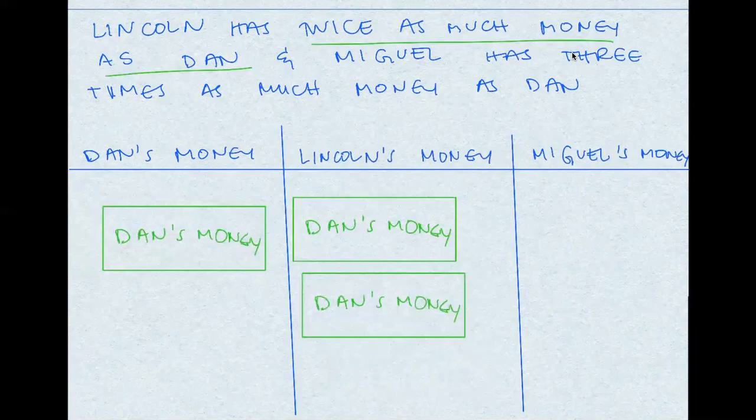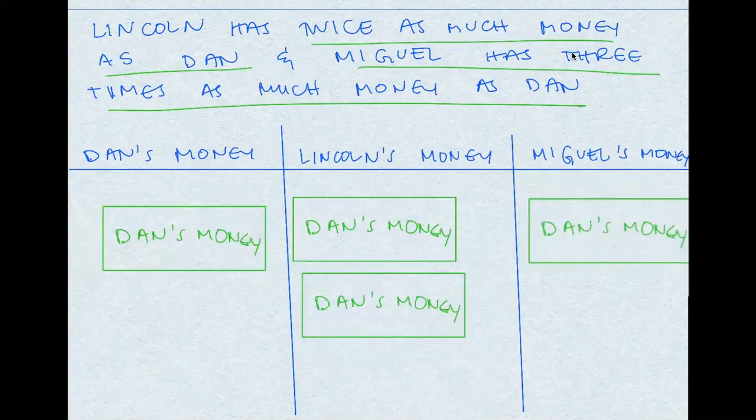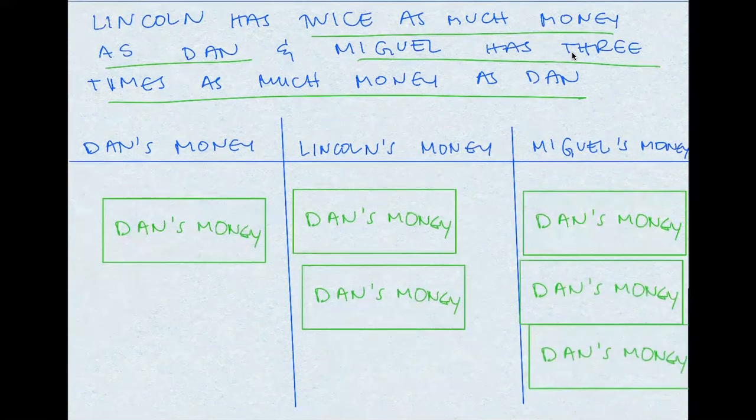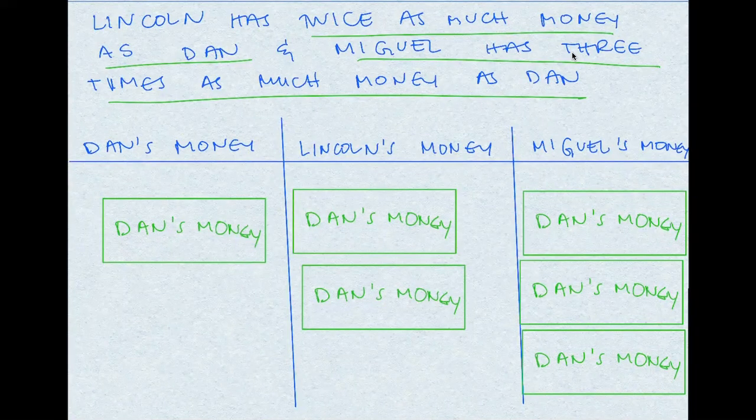And I know as well that Miguel has 3 times as much money as Dan. And so I'll take Dan's money and give Miguel 3 of them. So what I'm really dealing with for all of the money pulled together is 6 of Dan's amount of money.